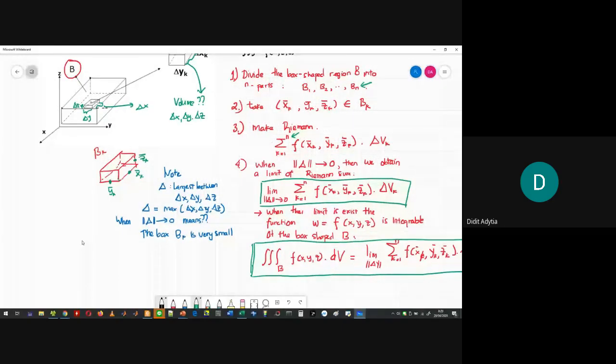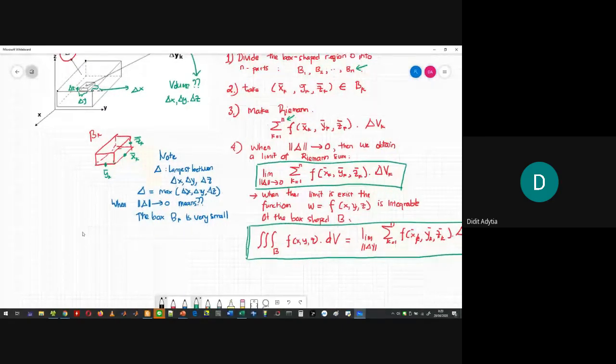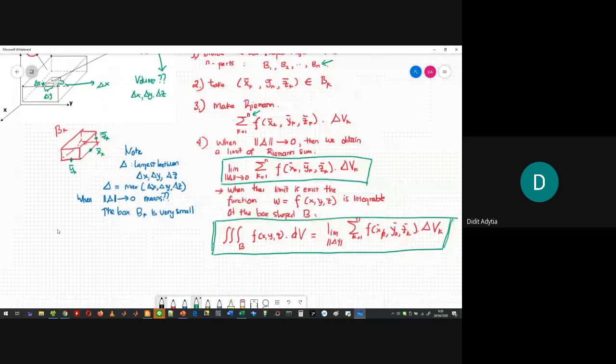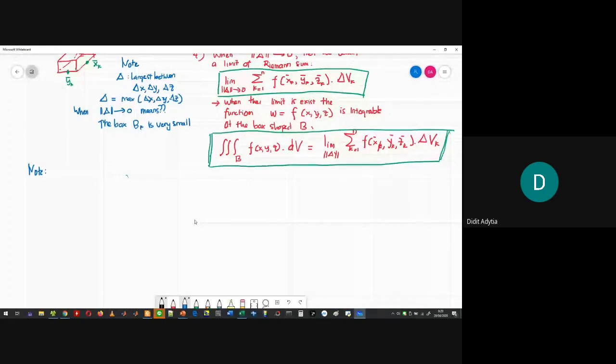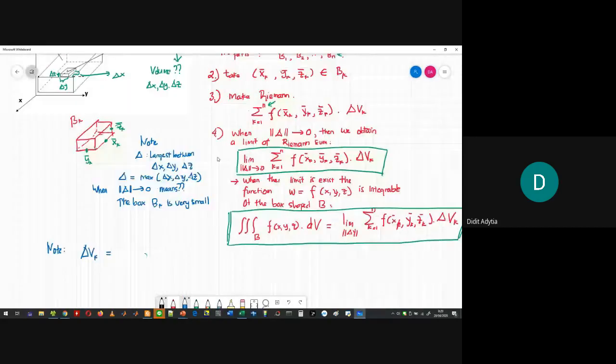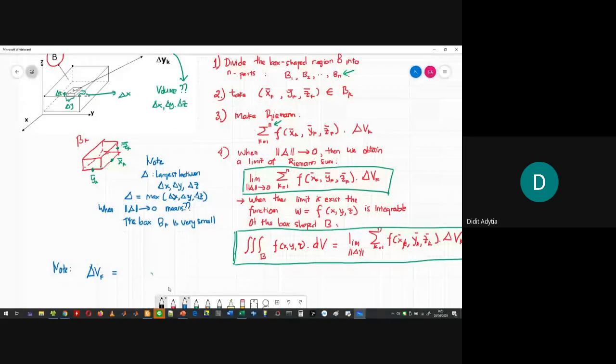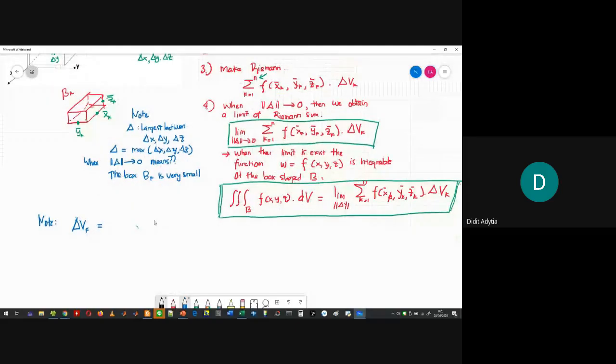What you need to note is this second note. Delta Vk is actually, as I defined previously, a volume. What is the volume?